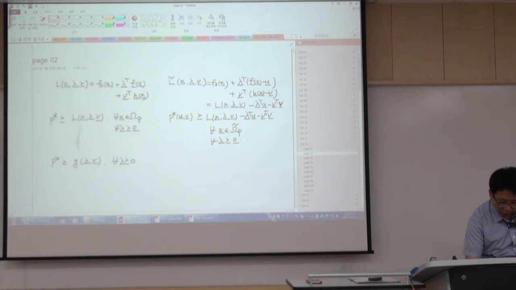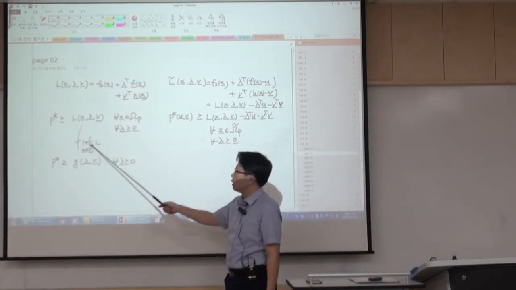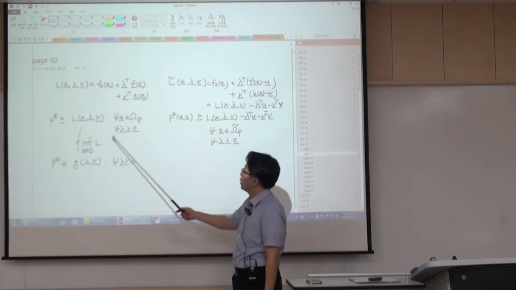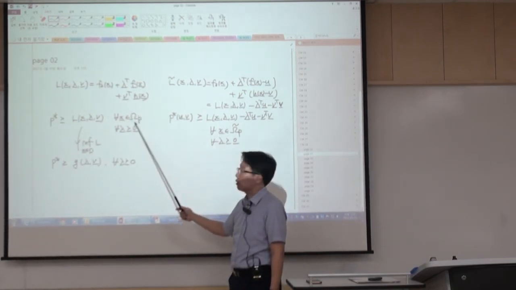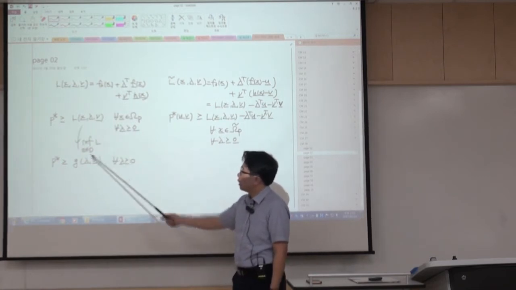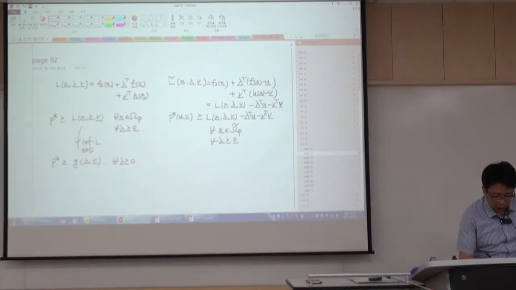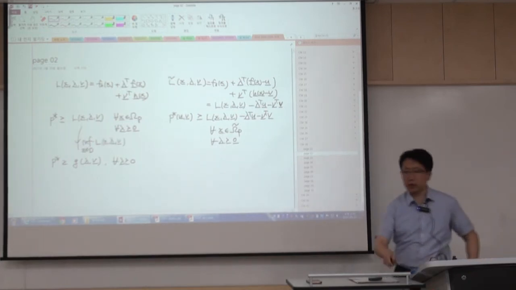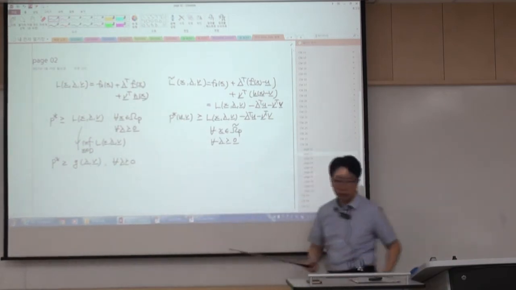Here, this is the infimum of L over x in D, for example, right? You don't have to choose D. You just need to choose some subset that includes omega p. Then you can have the same inequality, and that is a function of lambda and nu. So you can say this, right? So far, no problem.